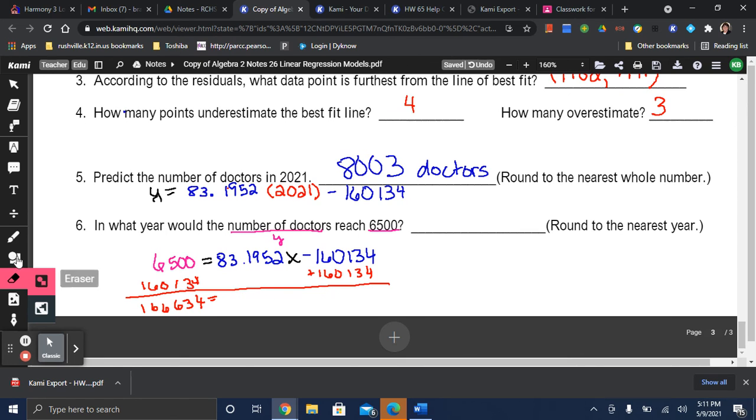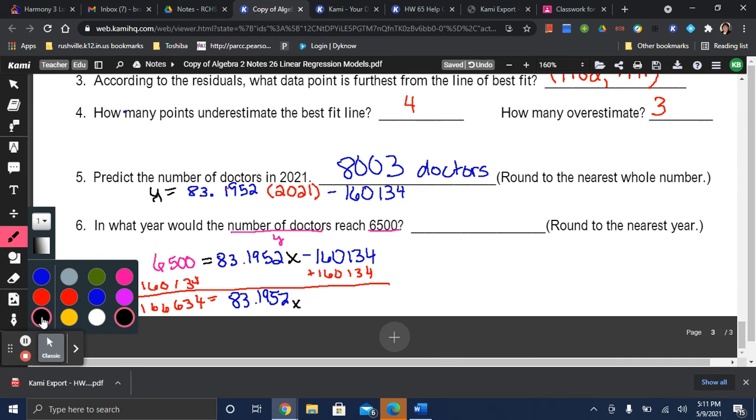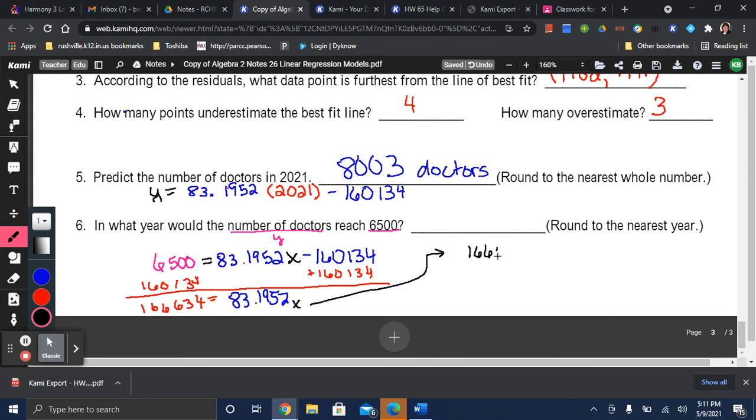Maybe I'll put that in blue so you know where I'm getting that number. And remember, we're solving it for X. So the next thing we're going to need to do is to divide both sides. So we divide both sides, taking 166,634 and dividing it by 83.1952. Do that to both sides of the equation.